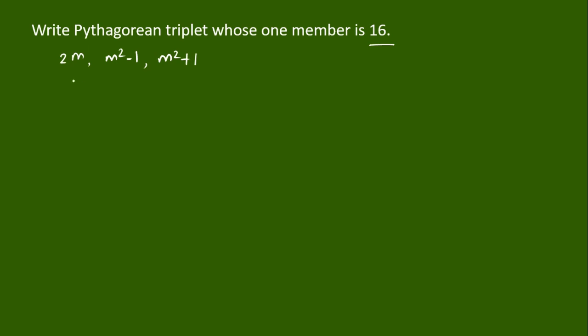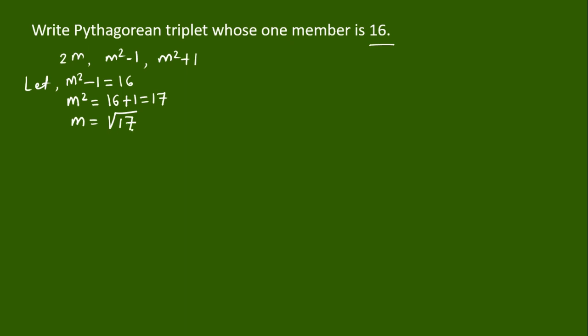Now I will first try taking m square minus 1 as equal to 16. So if m square minus 1 is equal to 16, then m square will be equal to 16 plus 1, that will be 17. In that case m will be equal to square root of 17.